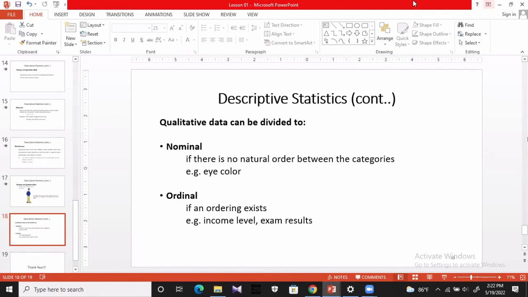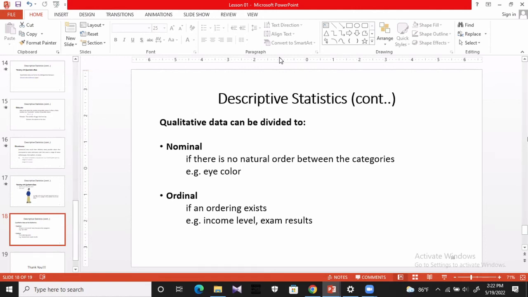Does it have an order? Of course they have. You know A plus is greater than A. It's a higher score.